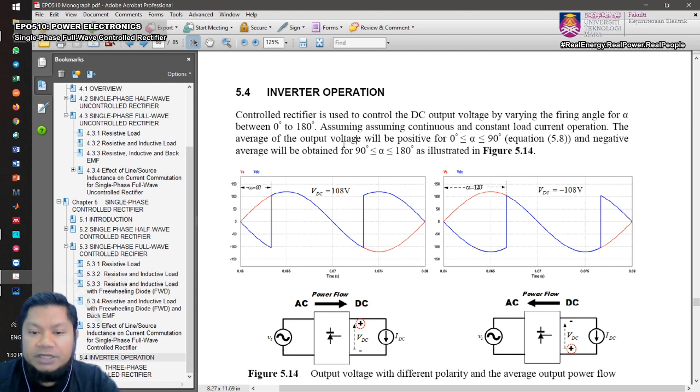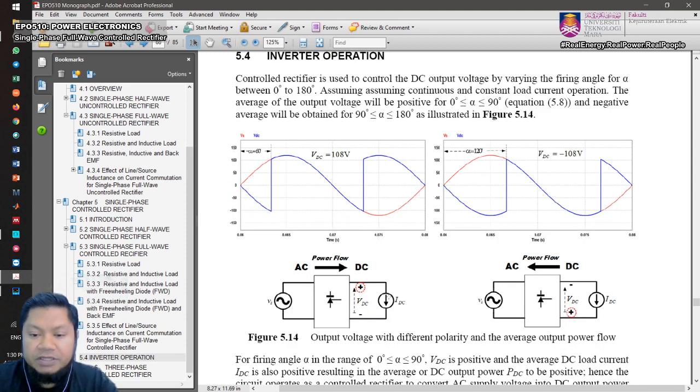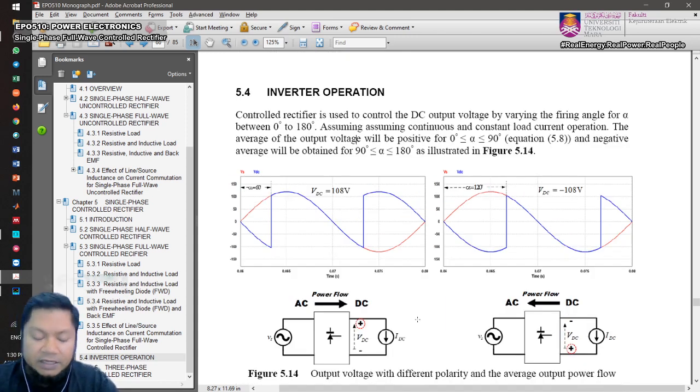Okay, so let's consider these two circuits. Now we're also going to assume that we have a constant current at the output, right? So we have a constant current that flows in this direction, moving downwards, and that is your output current because we are driving a motor, as we discussed before.